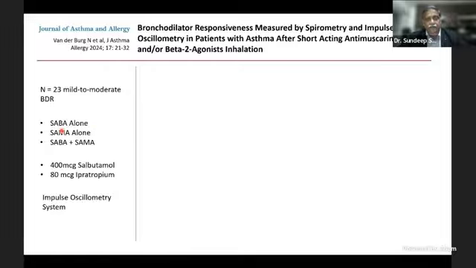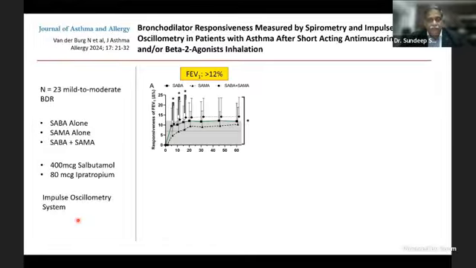They looked at bronchodilator responsiveness with 3 drugs: SABA alone, SAMA alone, and SABA plus SAMA. The SABA was 400 micrograms and the SAMA was 80 micrograms of ipratropium. And the tool that they used was the impulse oscillometry system. I thought this is absolutely a brilliant study. So let's see what they found.